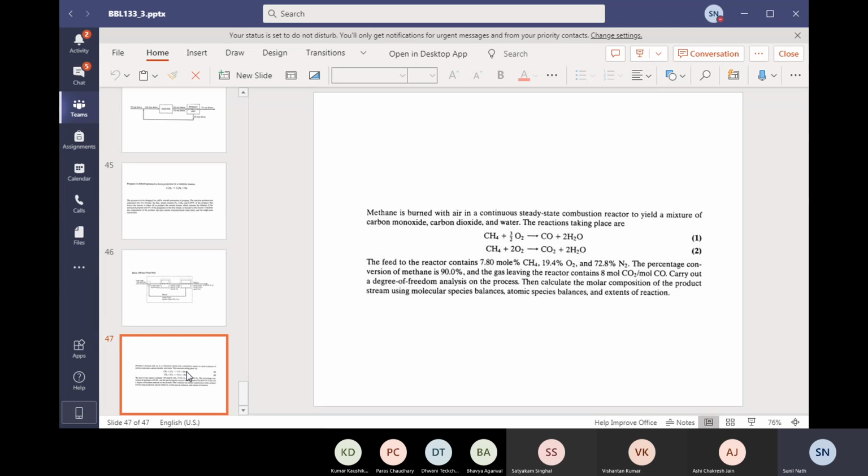So to summarize, I think we are more or less towards the end. We started from very simple non-reactive systems and then went to more complicated non-reactive problems. Then we added one reaction, multiple reactions. Then we added recycle to reactions.